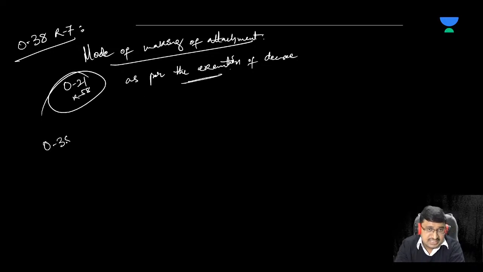Thereafter, Order 38 Rule 8, friends: adjudication of claim to the property attached before judgment. Where any claim is preferred to the property attached before judgment, such claim shall be adjudicated upon in the manner hereinbefore provided for adjudication of claims to property attached in execution of a decree for payment of money. Therefore, these are similar, friends.